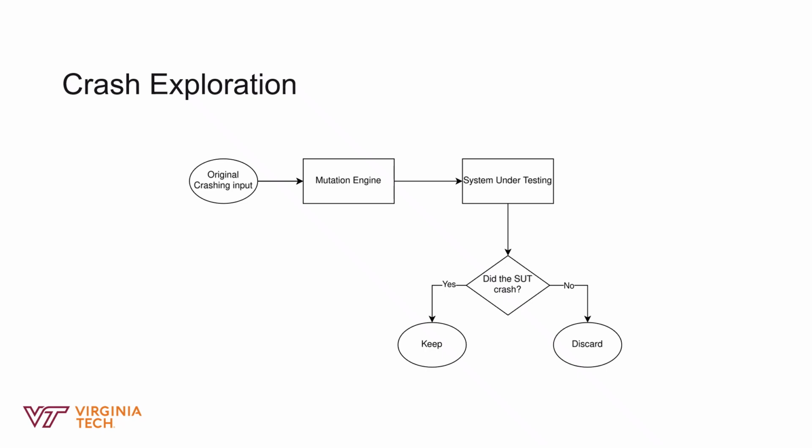How it works is, given an original crashing input, it gets put to the mutation engine and fed into the SUT, or the system under testing. If the SUT crashes, we then keep that new crashing input. And hopefully, because we're mutating the original crashing input and getting this new input, the underlying issue that's causing both these inputs to crash should be related. And if the SUT doesn't crash, we don't care in this case and we discard it.